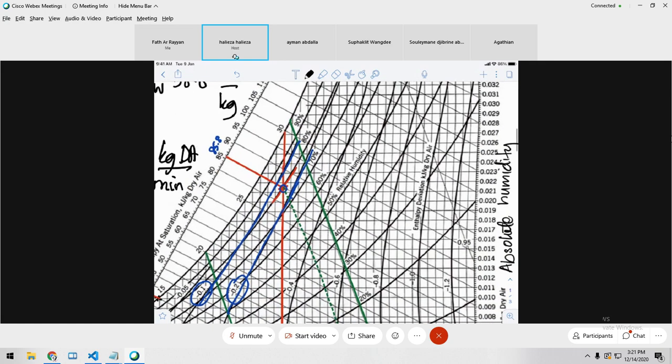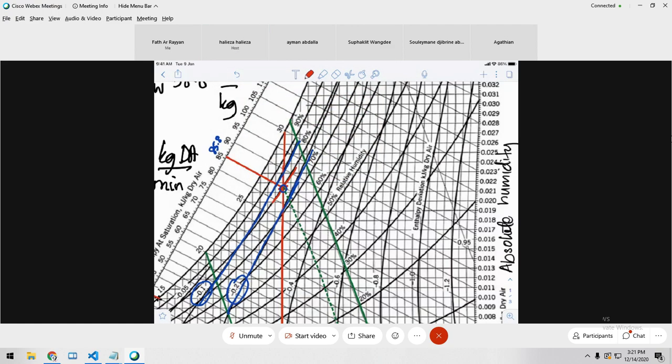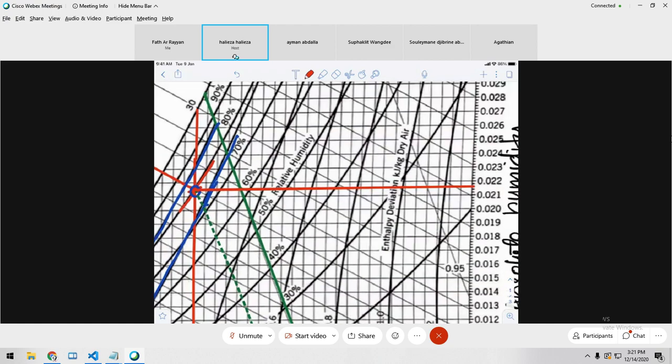So I'm going to use red in color, a solid line, and draw horizontally, a straight line. Something like that.